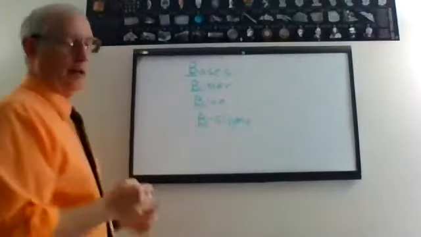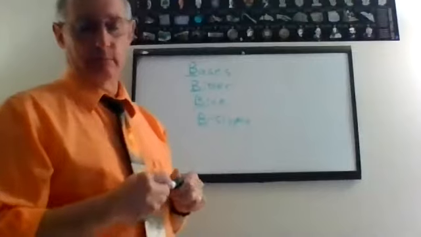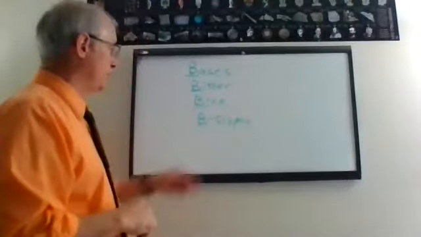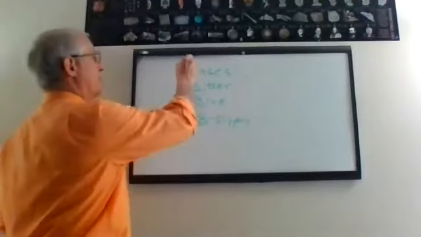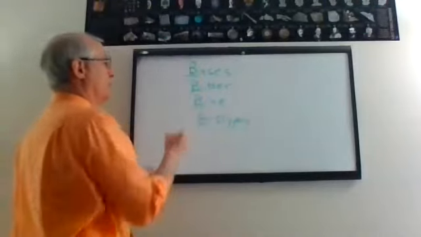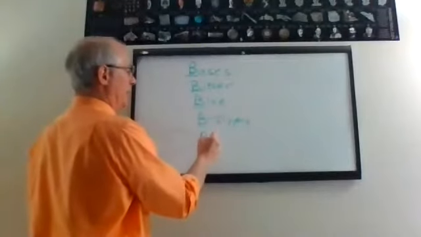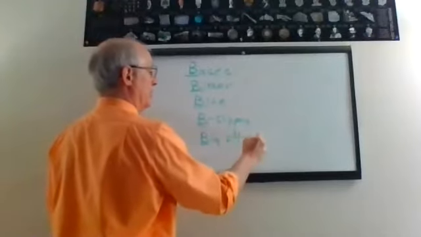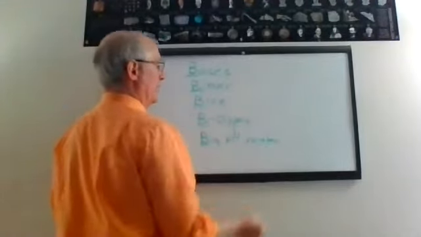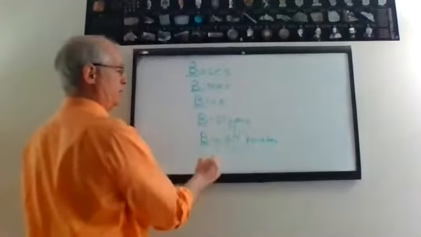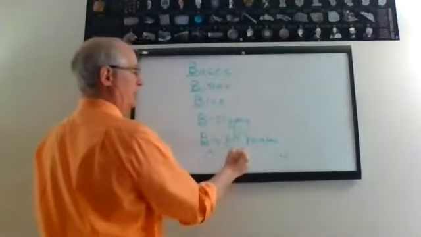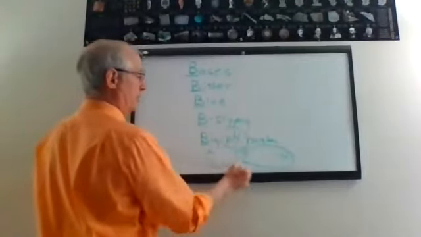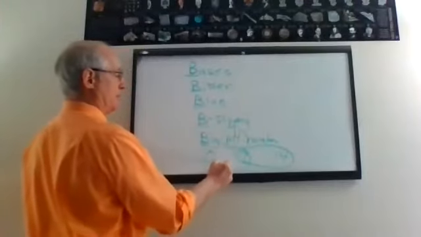Soap is made out of sodium hydroxide, soda lye, and soap is slippery. So it's all the B words: bases, bitter, blue, slippery, and they give you what we call a big pH number. There's a scale called the pH scale. It goes from 0 to 14, and 7 is neutral. And the big numbers are the bases, and the small numbers are the acids.